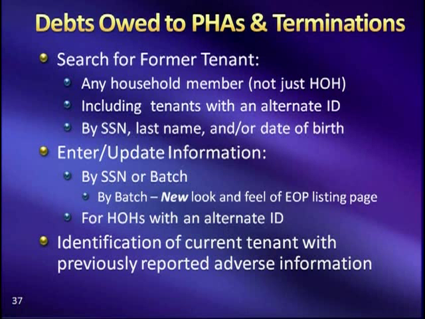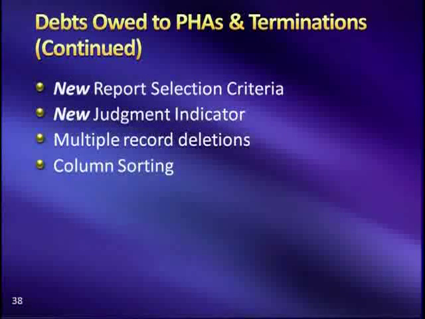If your person was admitted into the program, let's just say 5 years down the road, a fellow PHA puts the adverse information from when they were in the public housing or housing choice voucher program, a big warning will jump up on the screen at you, and it will let you know that this person has an adverse record for you to look at so that you can make an informed decision as to whether or not you're going to continue assistance for that particular family, and I'll show you what that looks like.